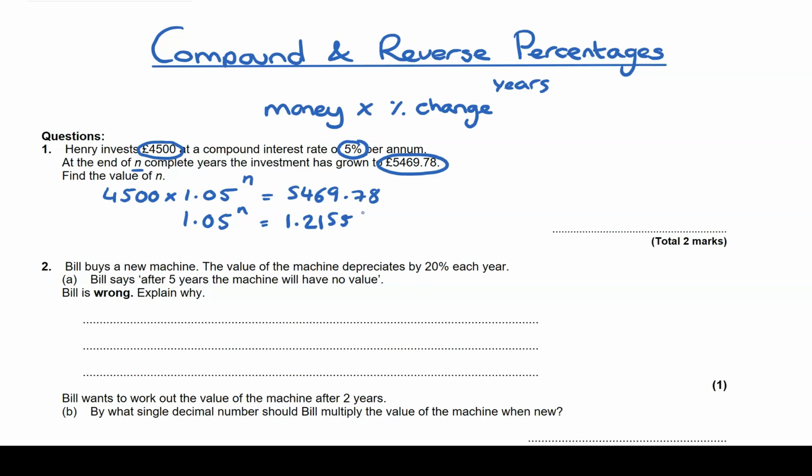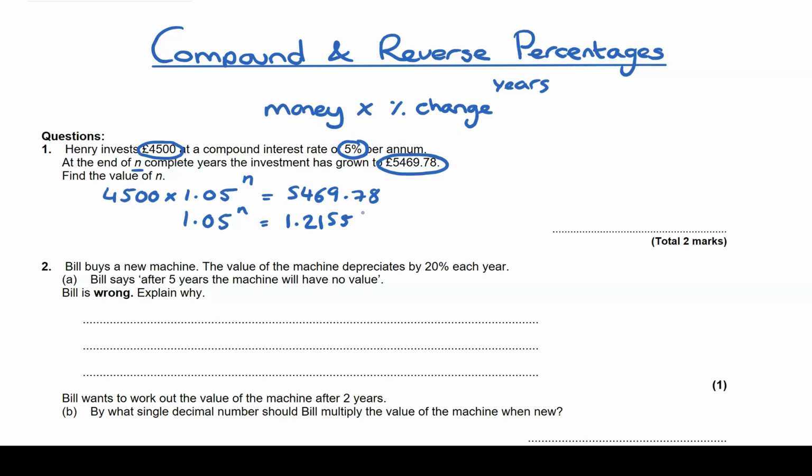So I'm going to go with 1.05 to the 3, which is too small. It's 1.156. So 1.05 to the 5 is a bit too big.